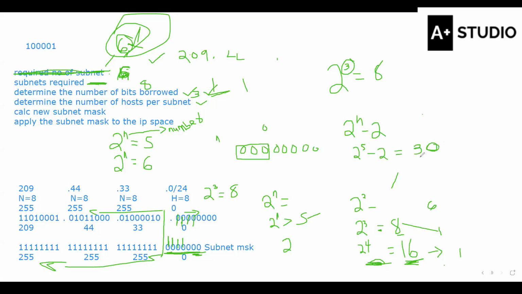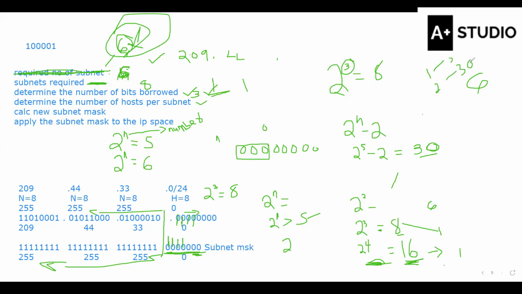So this 30 means that each of the 6 networks will contain only 30 hosts. One network contains only 30 people, another one, 30 people.